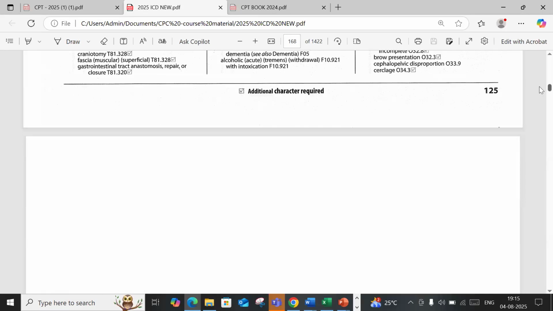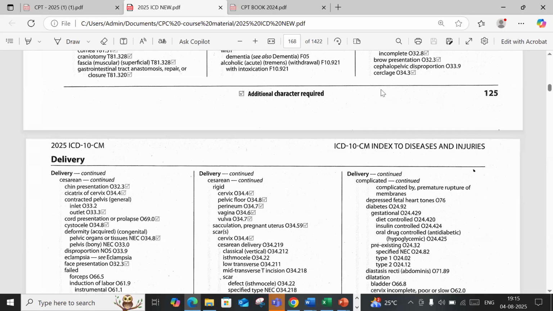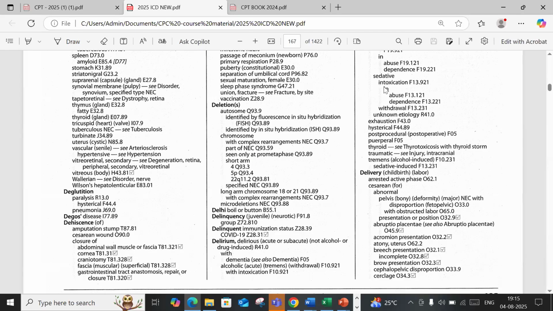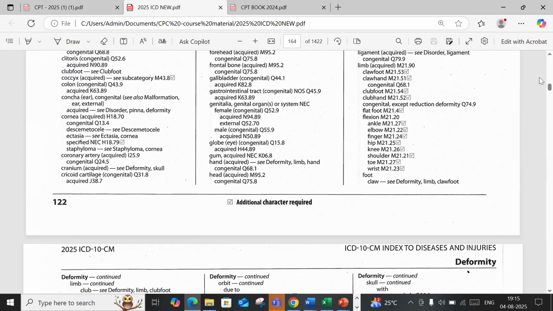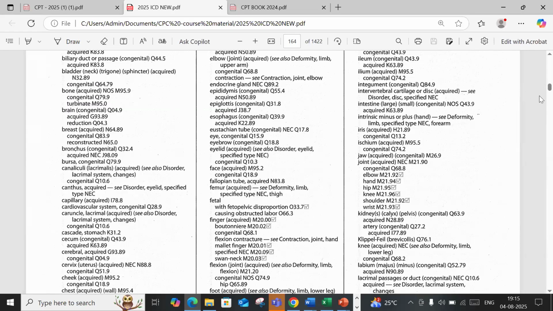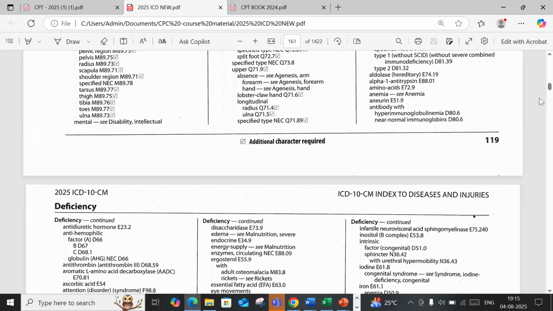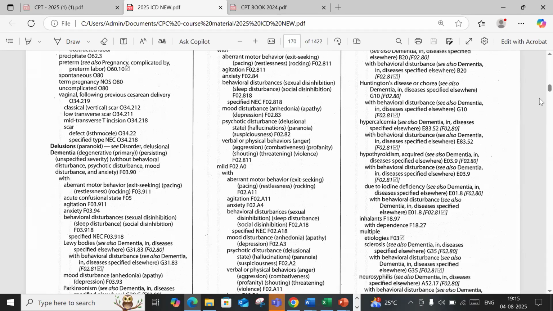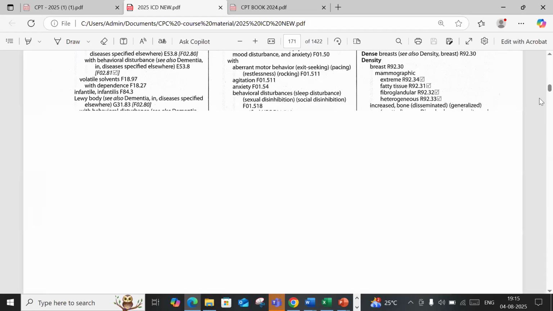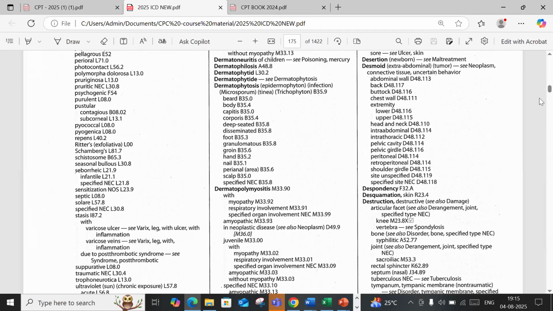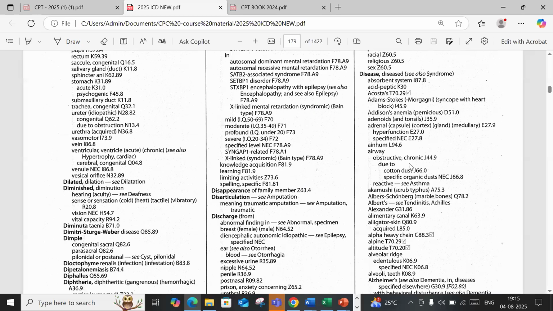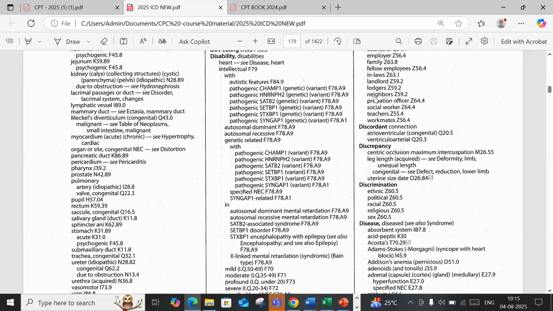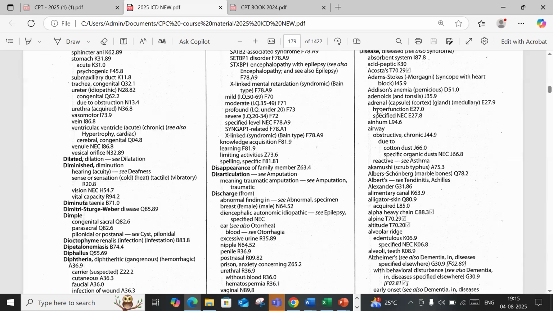If you're not getting from that index, so now you have to go and search under disease. Disease, right? Under disease, now you have to see anxiety.